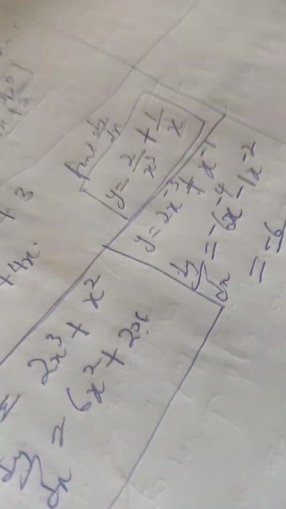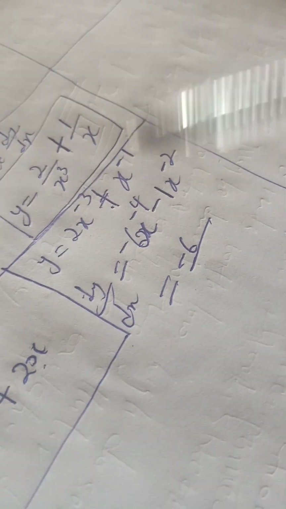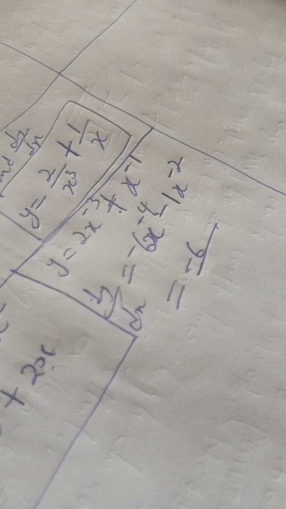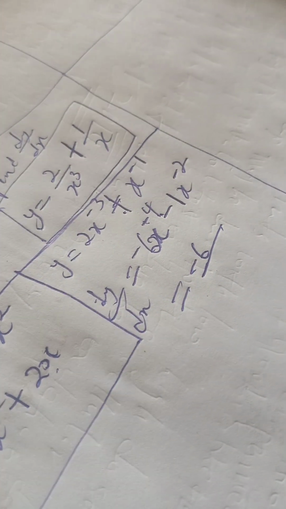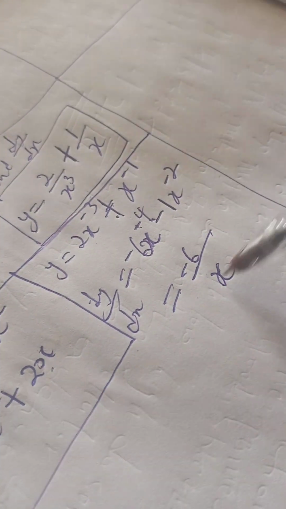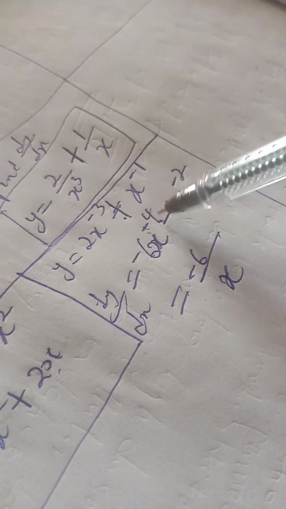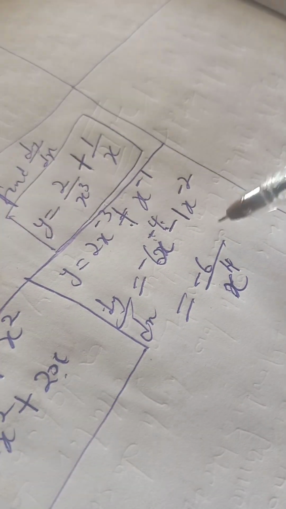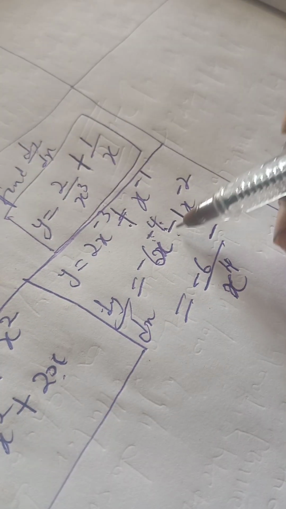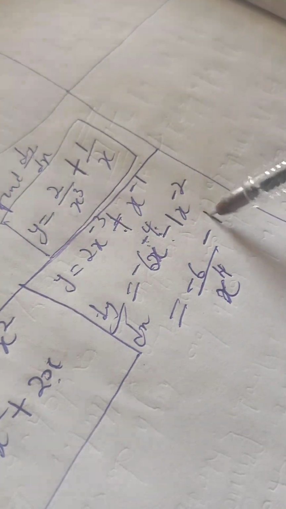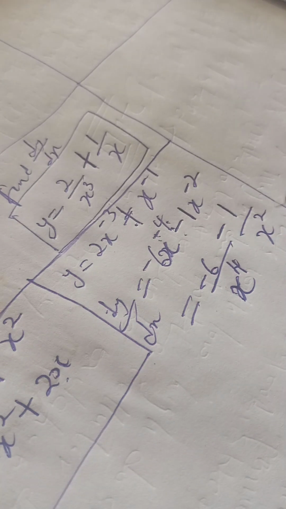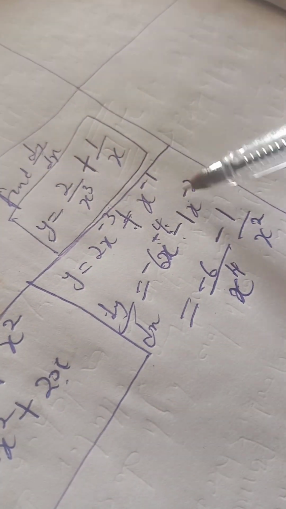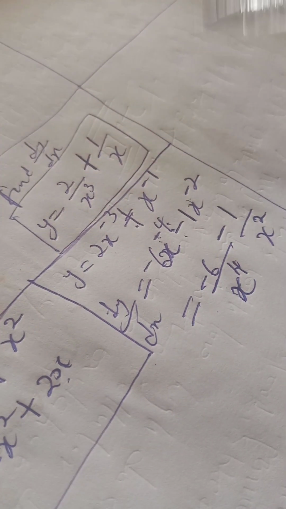Anytime you ever see minus 4 or minus 1 or minus 2, just know that this x will go down. So because you're having minus 4, it's going to give you x raised to power 4. Then minus, because you're having a negative sign here, 1 over x squared. This x squared you are seeing here is because of this x raised to power minus 2 on top.